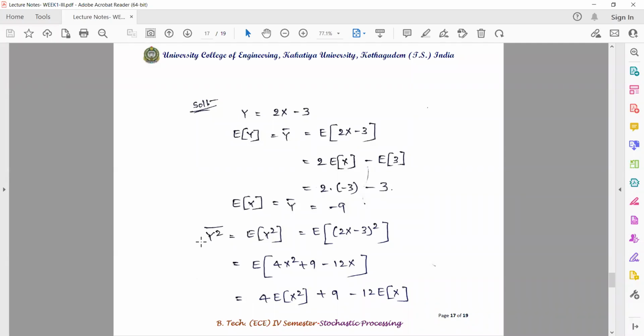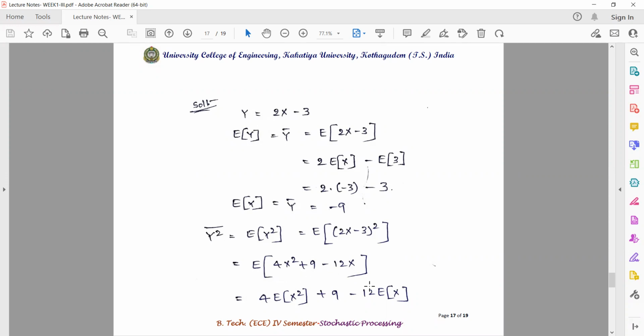the expectation of y square, that is y square bar, is equal to, whatever is given for y, 2x minus 3. So the expectation of 2x minus 3 whole square. Inside the expectation operator, 4x square plus 9 minus 12x.